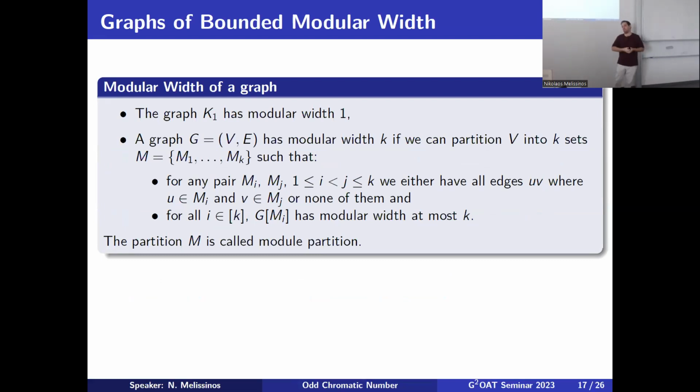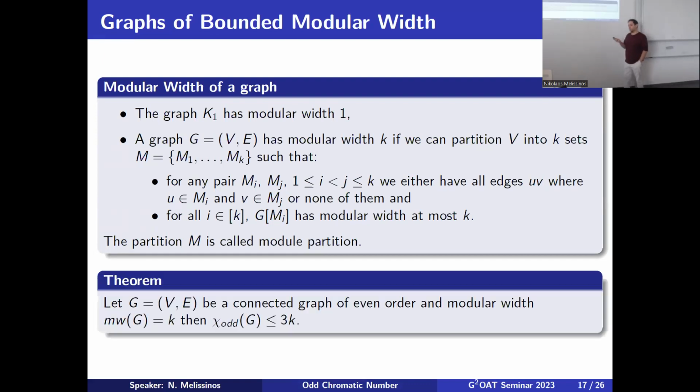And if you have a graph and you can partition the vertex set into k sets, and for each one of those sets, the graph induced by this set has modular width at most k, then the new graph also has modular width k. And usually we call those partitions module partitions, etc.